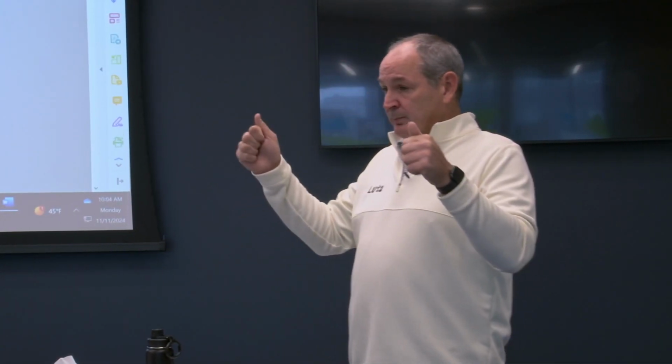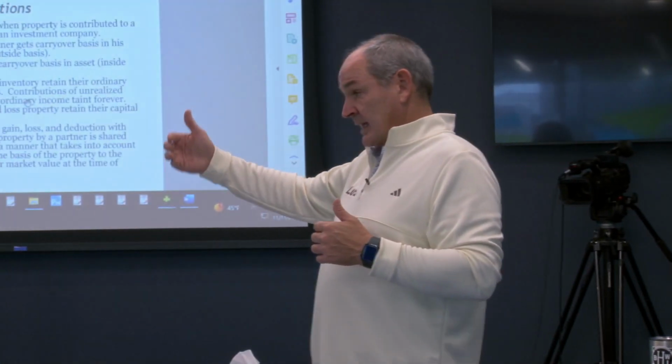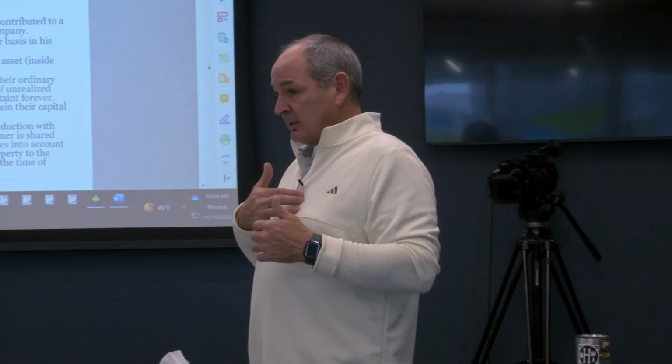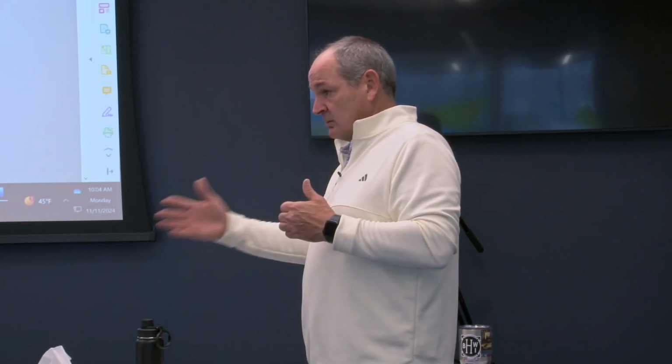Aaron's 704B capital account as a cash contributor would be $1 million. My 704B capital account at fair market value would be $1 million. That's the economics that we've agreed to.